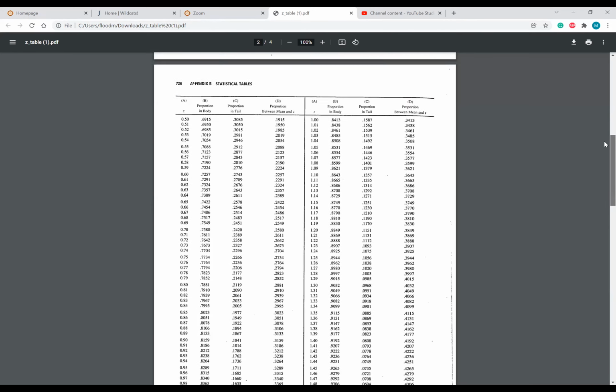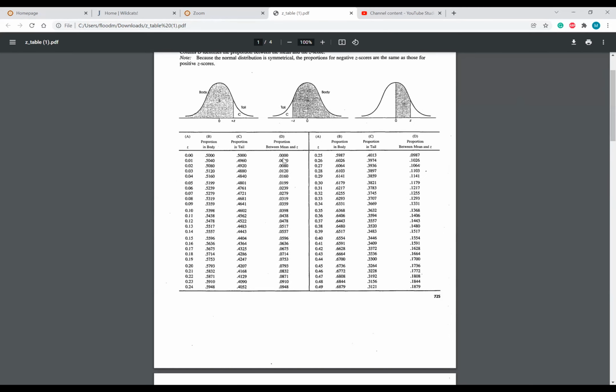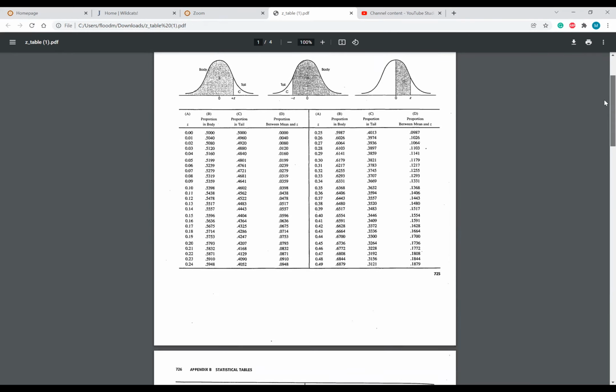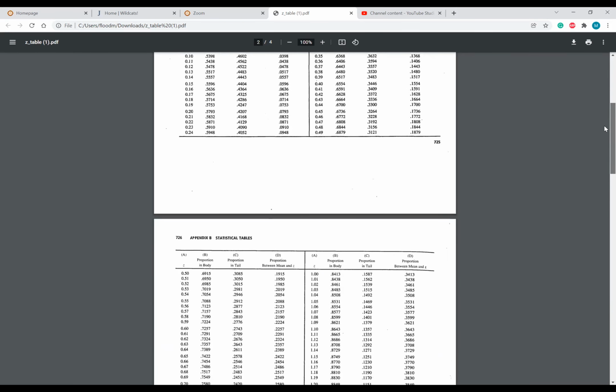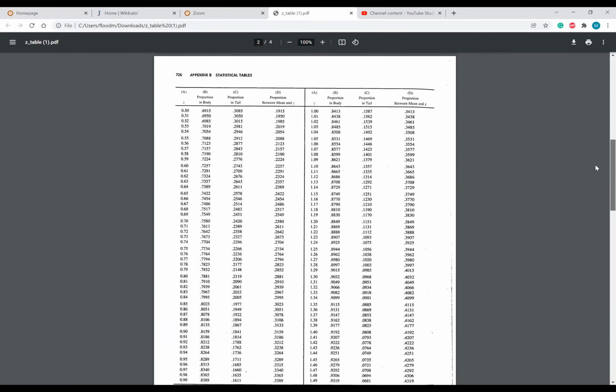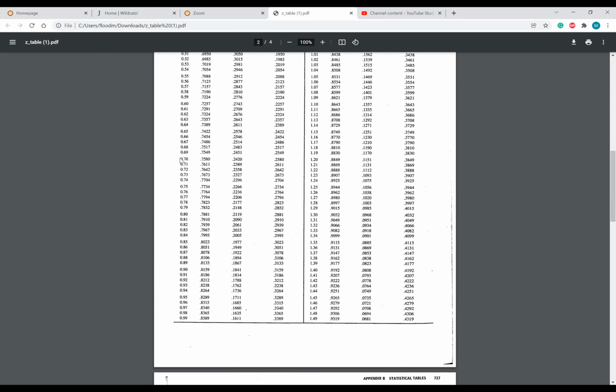So where is that at? Let's look up here. Z score of positive 0.30, the proportion is going to be 0.1179. All right, that's the first proportion. The second proportion is going to be in column D with the Z score of 0.70. So let's look at column A for a Z score of 0.70. All right, and that is right here.